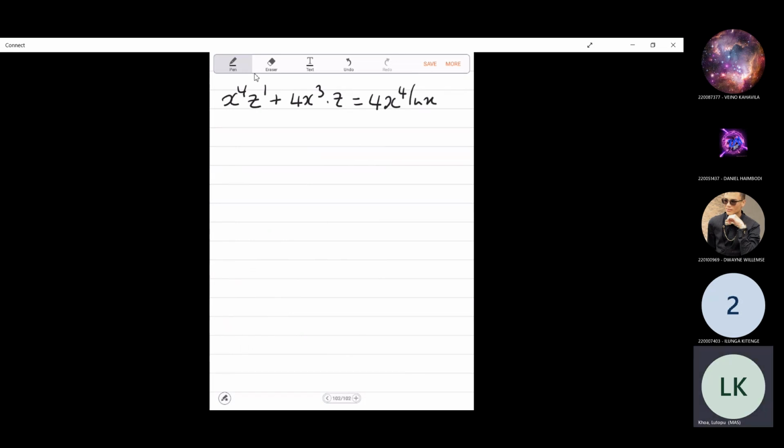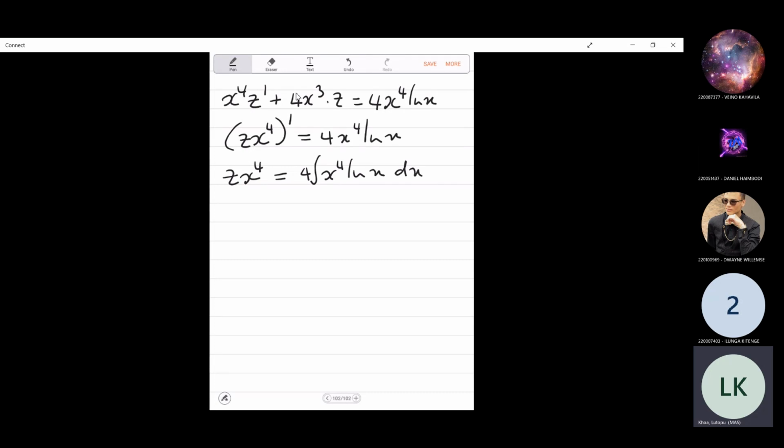Okay, and then this one we write it as z times x to the power of 4 prime. This is 4x to the power of 4 ln of x. Okay, then integrate. We have z x to the power of 4 is 4 times the integral of x to the power of 4 ln of x dx.